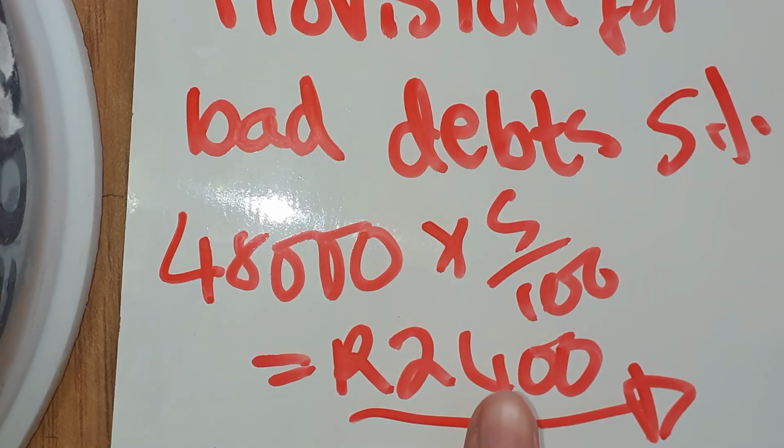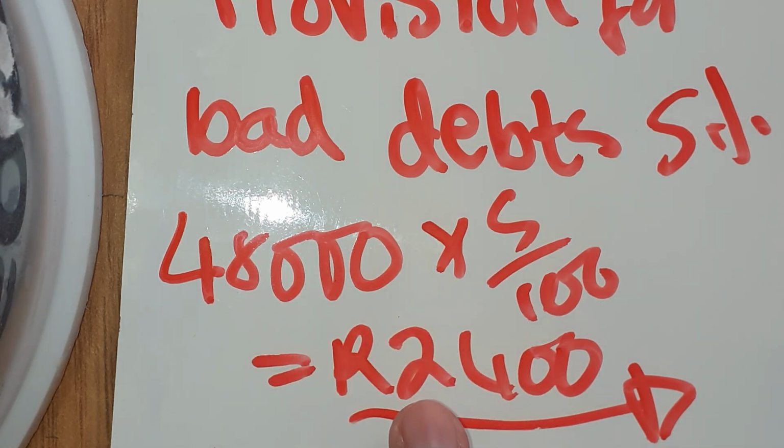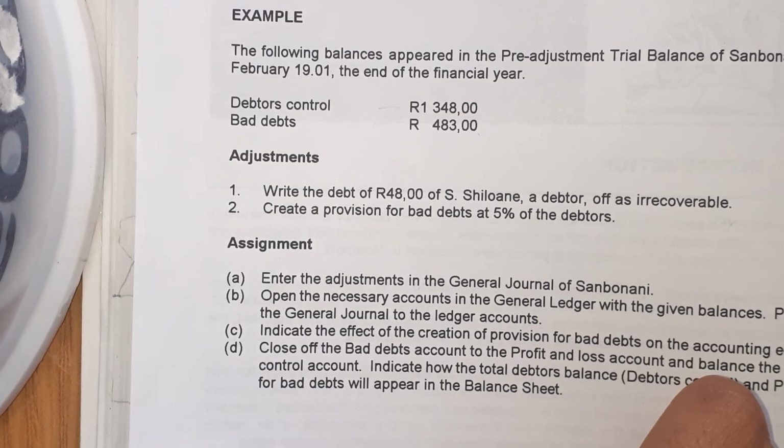And then in the balance sheet, the provision for bad debts is subtracted from total debtors. So in your balance sheet, your amount of debtors is 48,000. Now we will minus this 2,400, and then the difference will be our debtors written on the balance sheet, and it will also be an expense in the income statement.